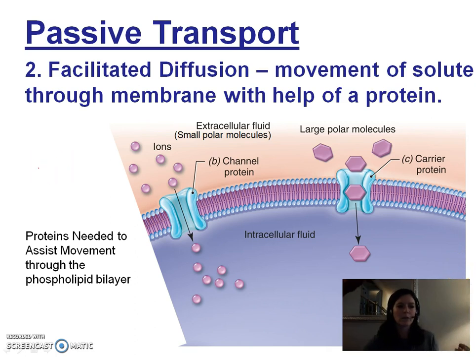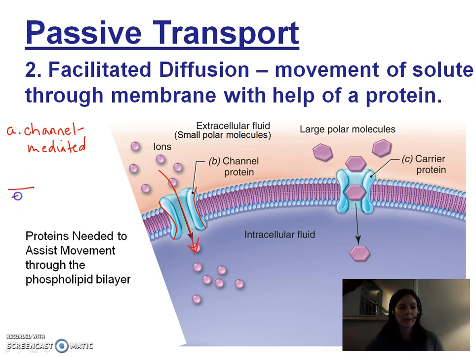So let's talk about what those would look like. Two different types of facilitated diffusion. One is going to be channel-mediated. Channel-mediated diffusion is what you see here in this example. This is an open channel where fluid and molecules are able to go through.